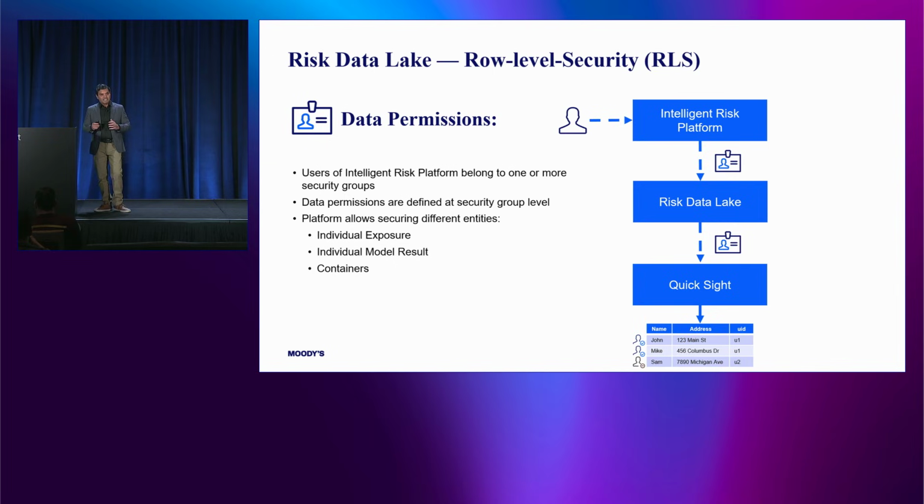Now think about this. Implementing such granular access control in a vanilla data lake would be very, very difficult. So this is how we keep adding more and more value in Risk Data Lake on top of what the vanilla data lake functionality provides you. And again, this was made possible because of the functionality available in QuickSight.